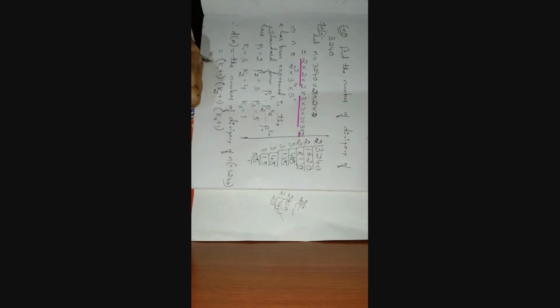So what is k1? It is 3, so 3 plus 1. k2 is 4, so 4 plus 1. k3 is 1, so 1 plus 1. If you solve this, 3 plus 1 is 4, 4 plus 1 is 5, 1 plus 1 is 2.